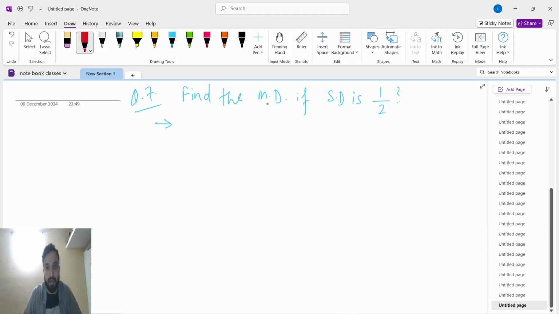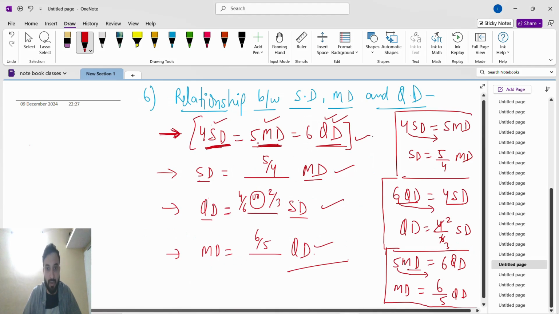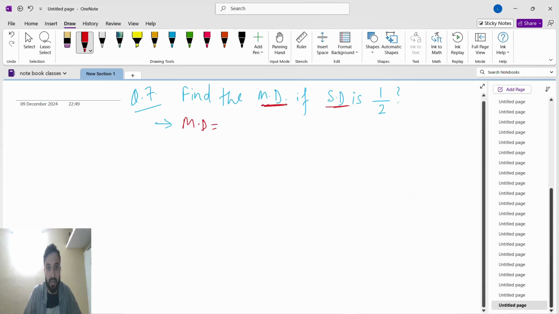Here they have given mean deviation and standard deviation, and we have to find the mean deviation. So we will write the expression in terms of mean deviation. We have to find the mean deviation.